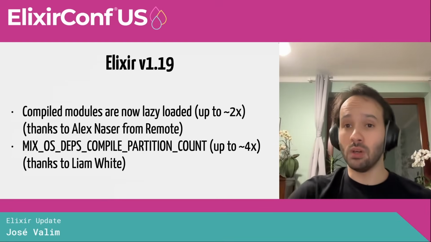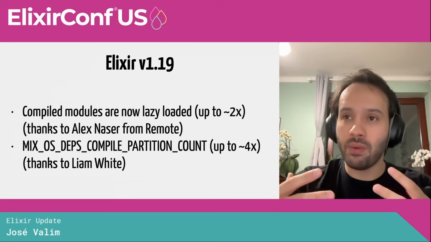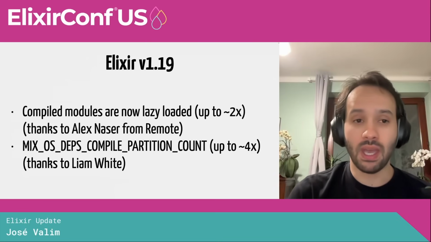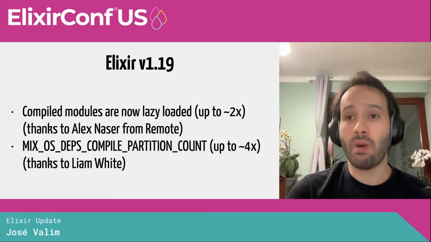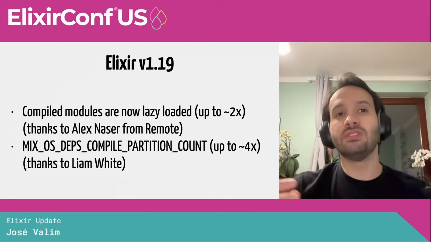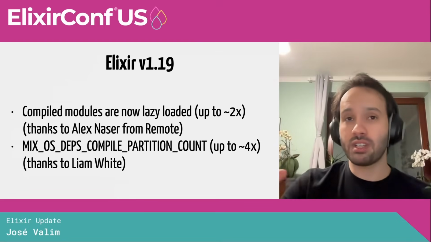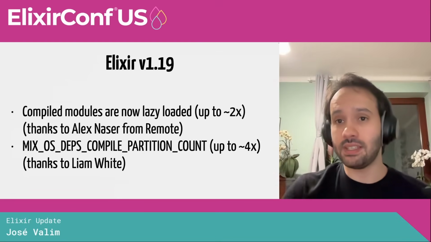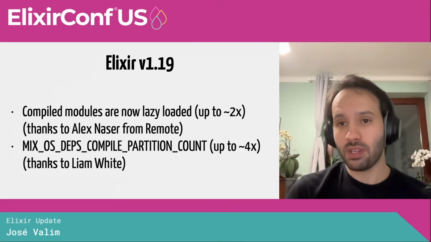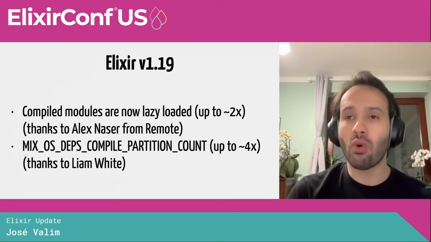Under those cases, compiling those dependencies in parallel can yield compile time improvements. This is going to change based on the project size, the number of dependencies, the type of dependencies. So we've seen some projects see up to 4 times faster compilation times for dependencies by setting this environment variable.